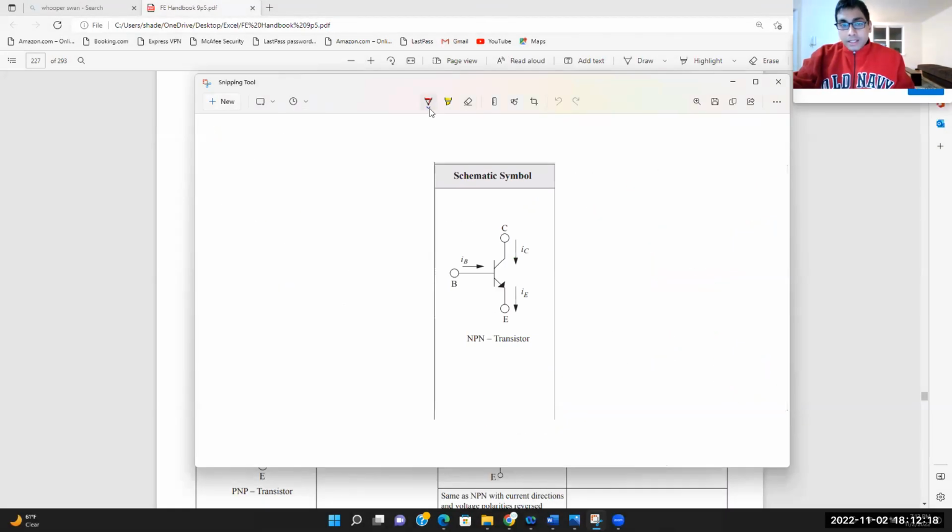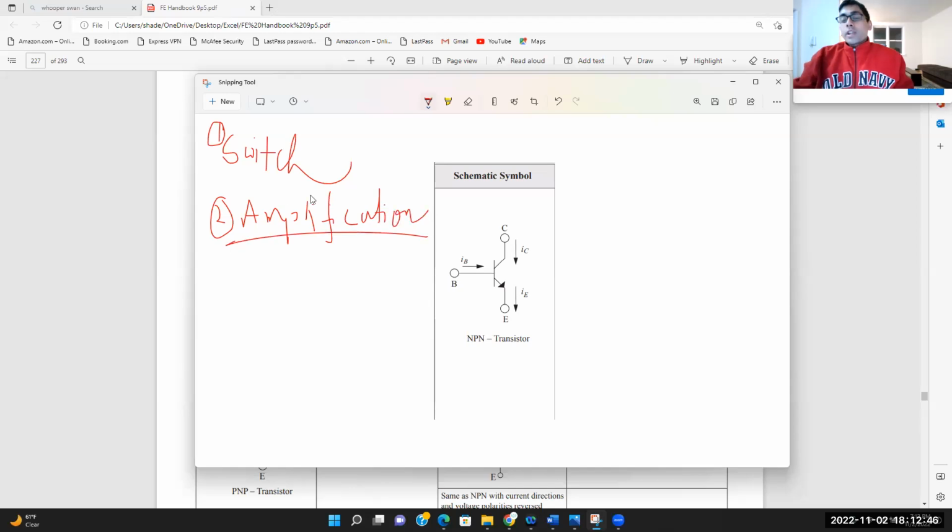As I mentioned earlier, it can work as a switch, or it can help as an amplifier. When I'm talking about amplification, I'm talking about current amplification.